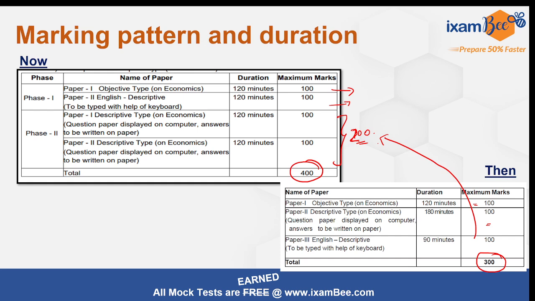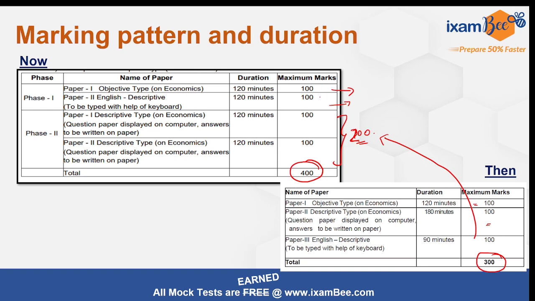So there has been an increase in the weightage of your descriptive economics this year. It will continue to take into account all the 4 subjects like it was done initially. Initially all the marks out of 300 were counted. Now also they will count all the 4 papers, 400 marks out of 400 marks.